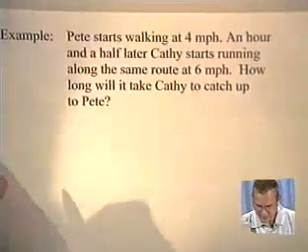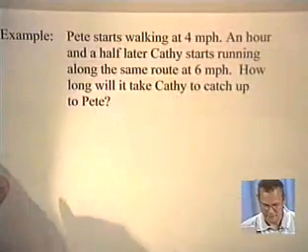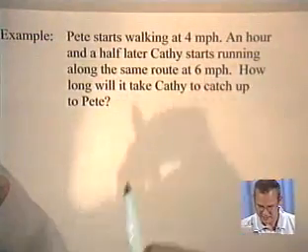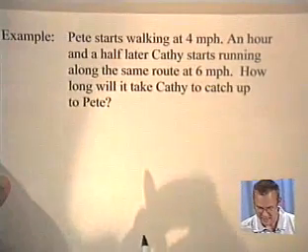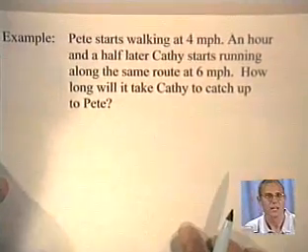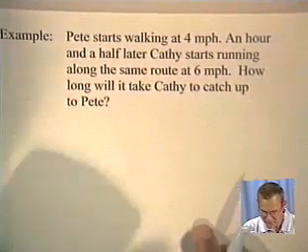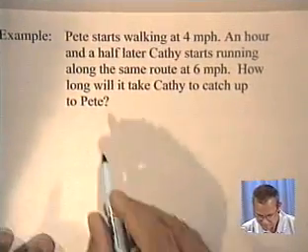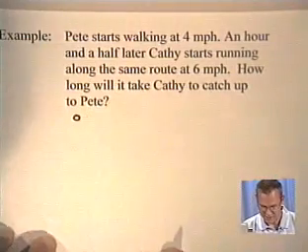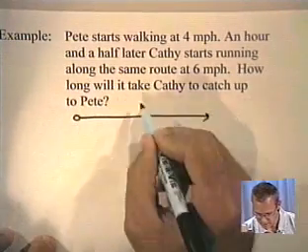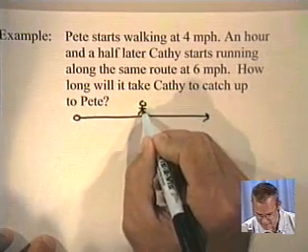Okay, Pete starts walking at 4 miles per hour. An hour and a half later, Kathy starts running along the same route at 6 miles per hour. How long will it take Kathy to catch up to Pete? Well, again, I'm going to try to draw some type of picture or diagram to help me figure out what's going on here. So let's say Pete is walking along this path.